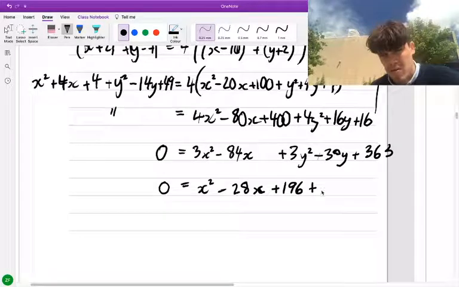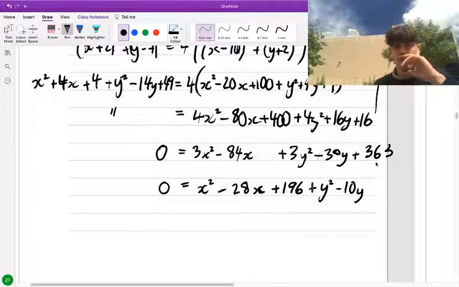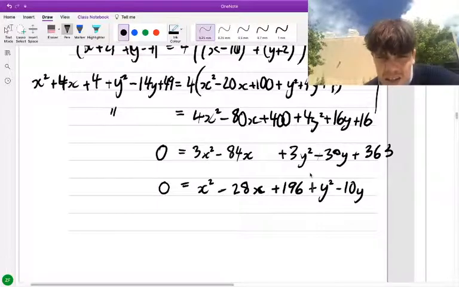Now y squared divided by 3 minus 10y. Now we're dividing this by 3, so that makes 121. But we've got this 196 here that's going to be messing around with us a bit.